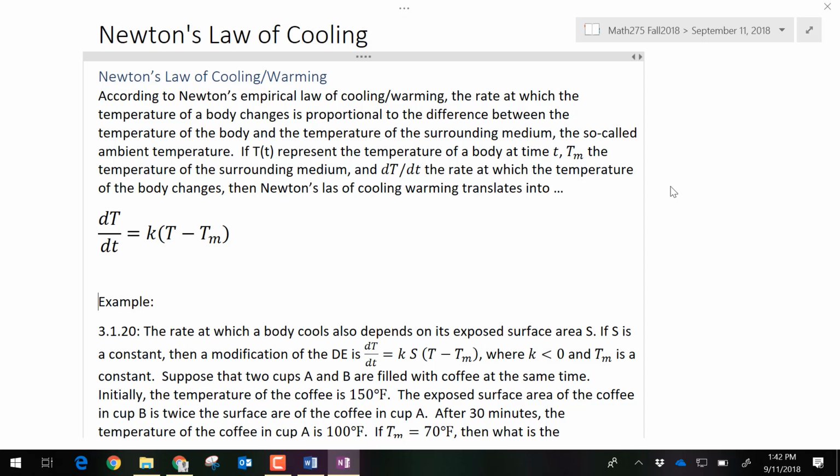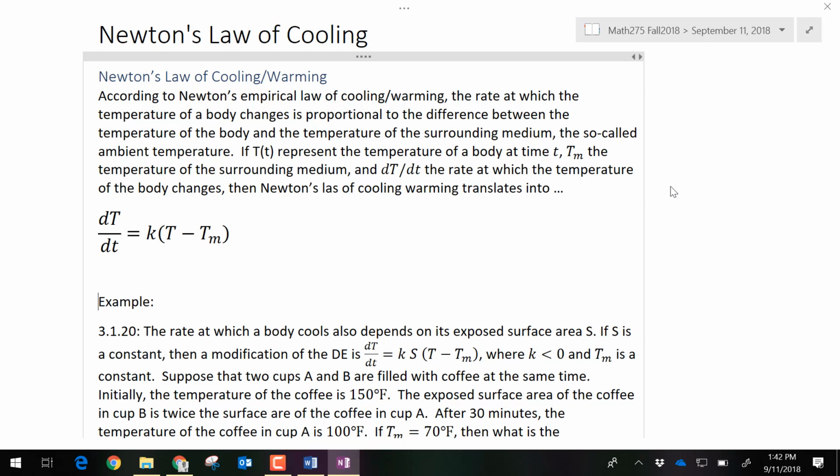So T is the temperature of a body at time little t, and Tm is the temperature of the surroundings. Then dT/dt, or d capital T d little t, is the rate at which the temperature of the body changes.